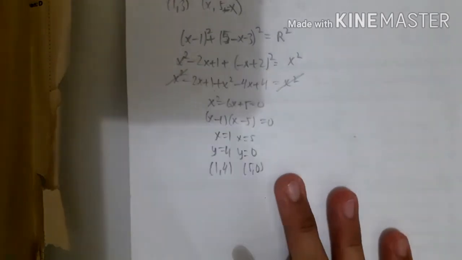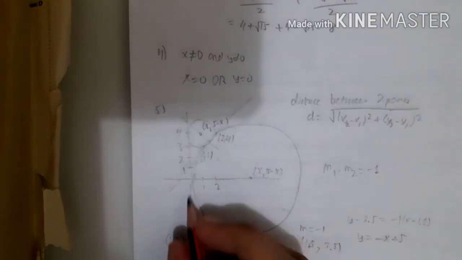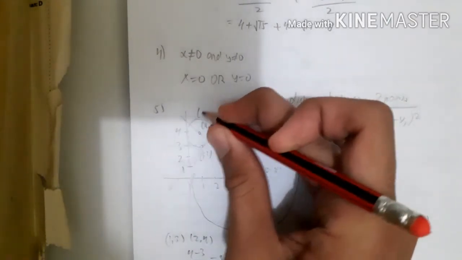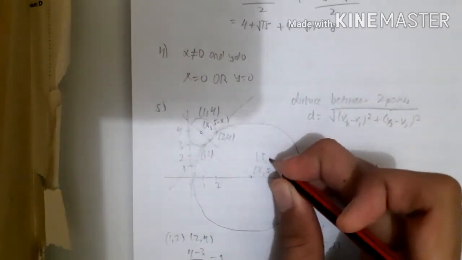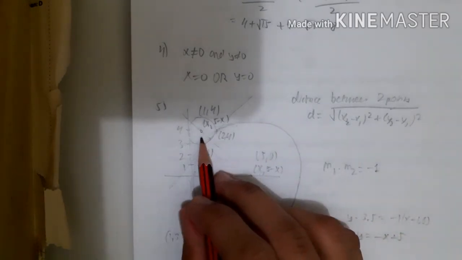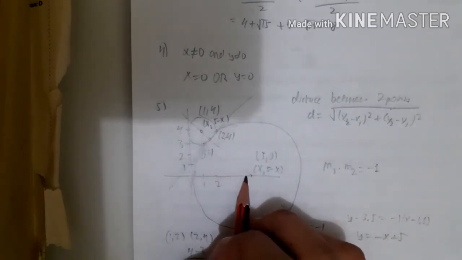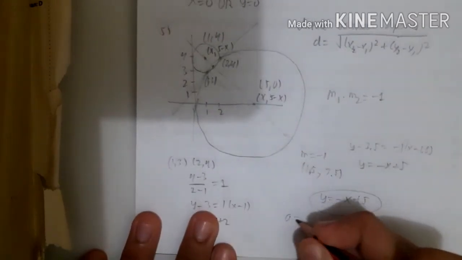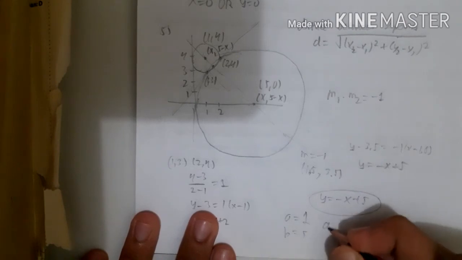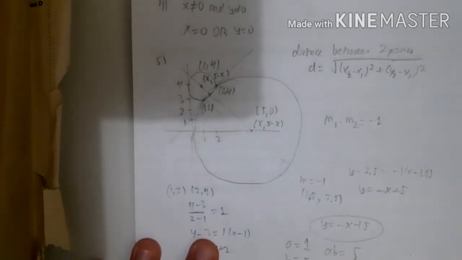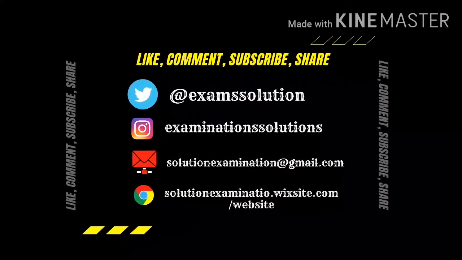Back to our graph, the radius of one is 1 and the other is 5. So the multiplication of the radii, a is 1 and b is 5, so ab is 5. Okay, that's the answer for number 5.